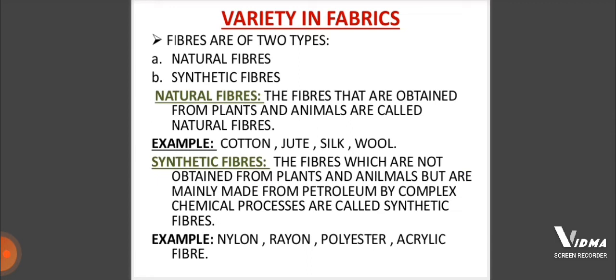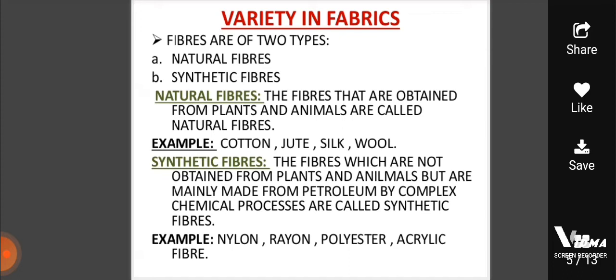Now let's discuss the variety of fabrics. We have two different types of fibers. The first one is natural fiber and the second one is synthetic fiber. The fibers that are obtained from plants and animals are called natural fibers.